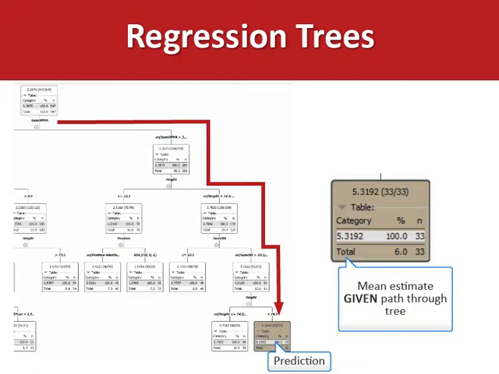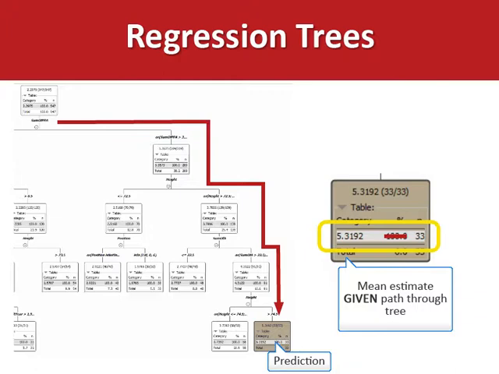Now, unfortunately, in KNIME, it reuses the classification node and the classification tree infrastructure to create the regression tree. So the node itself is a bit jumbled and hard to read and has a whole bunch of information that you don't really need. All you need is the mean and the sample size.